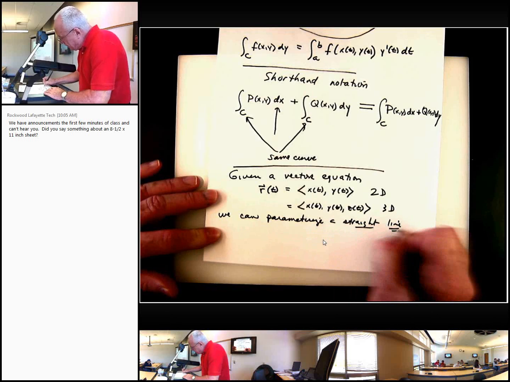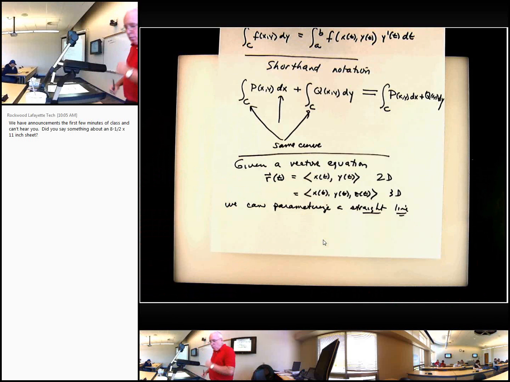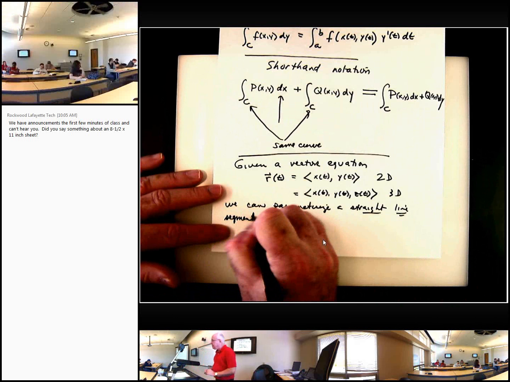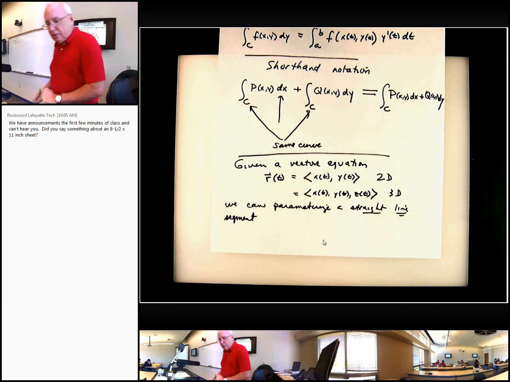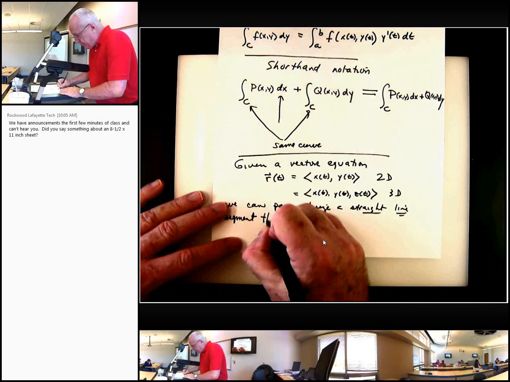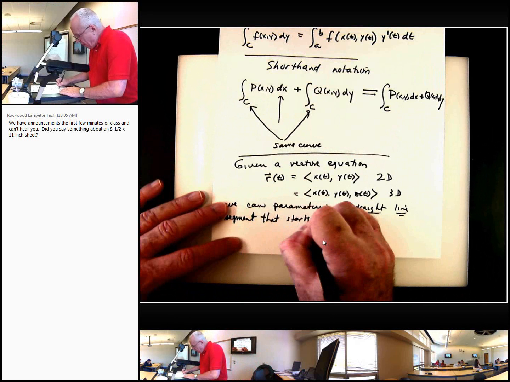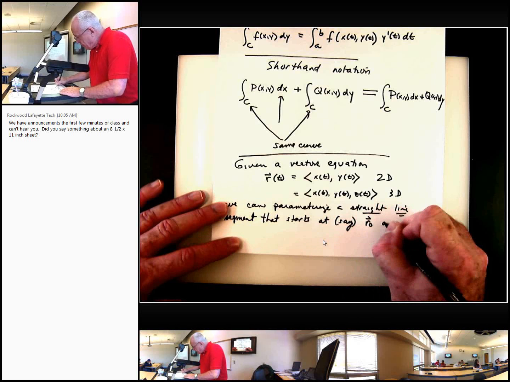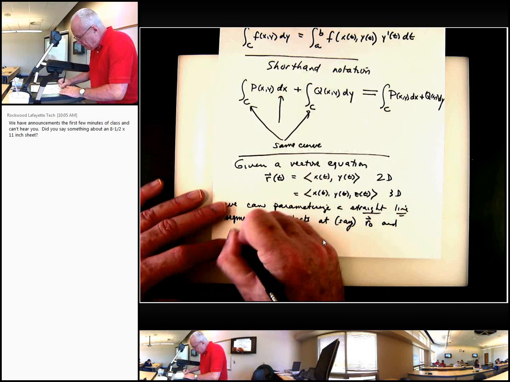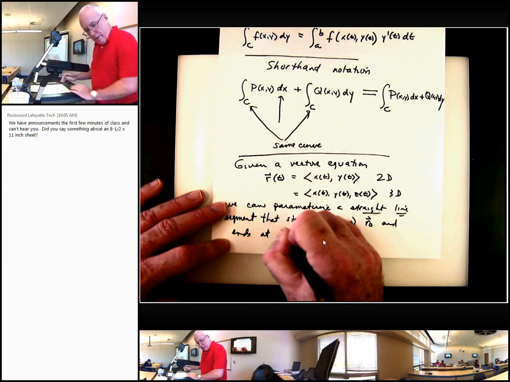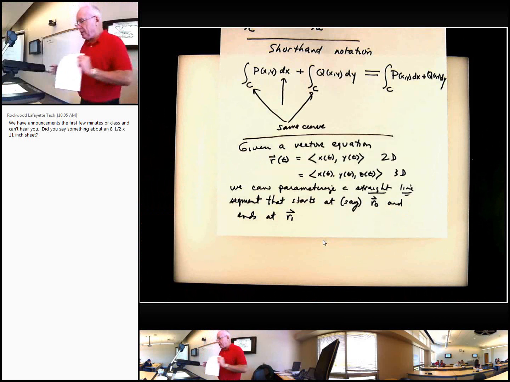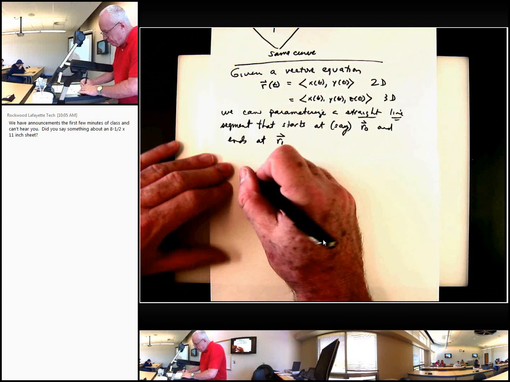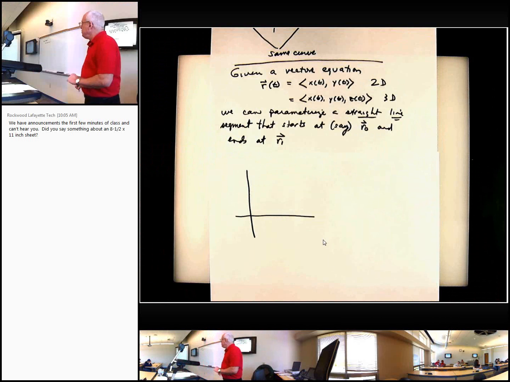So this is how it ties into when we studied lines. We can parameterize a straight line segment, not a full straight line that goes infinity one way, infinity the other way, that starts at, say, r sub 0 and ends at, say, r sub 1. Now this is what we're talking about here. We're only looking at 2 dimensions.